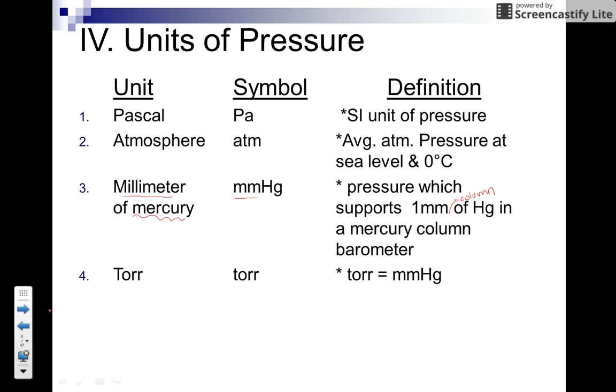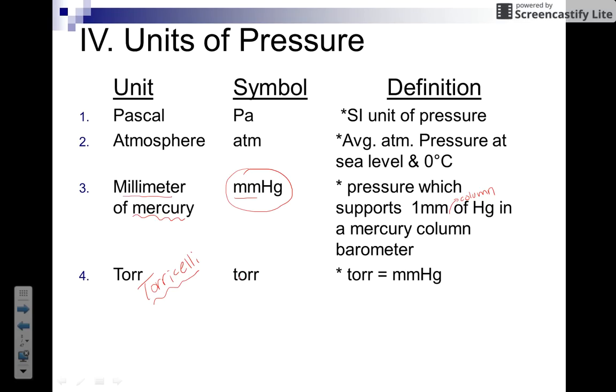The fourth unit of pressure is the torr. This unit is named after Torricelli. So I talked about him inventing the first barometer. What happened was after Torricelli passed away, they wanted to honor him. And since he was the one that invented the barometer and the unit that he coined, if you will, was millimeters of mercury, they decided to name that unit after him.